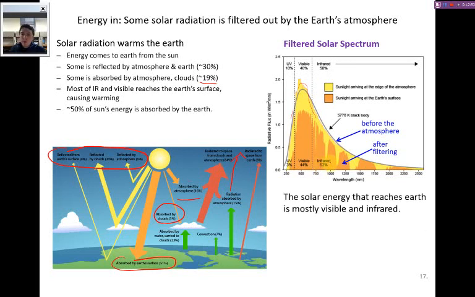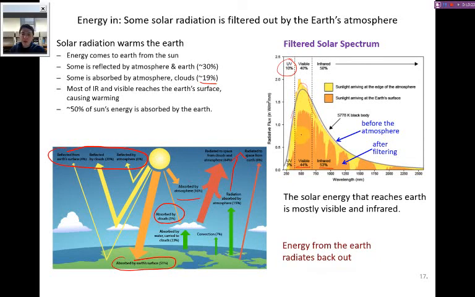And so the energy that reaches the Earth itself is mostly in the visible and infrared region, whereas it was higher UV before it got filtered through. So the atmosphere itself is filtering out most of the UV light. About 70% of the UV light gets filtered out. And it does filter out some of the visible and infrared, but the vast majority of visible and infrared does make it through to our Earth.